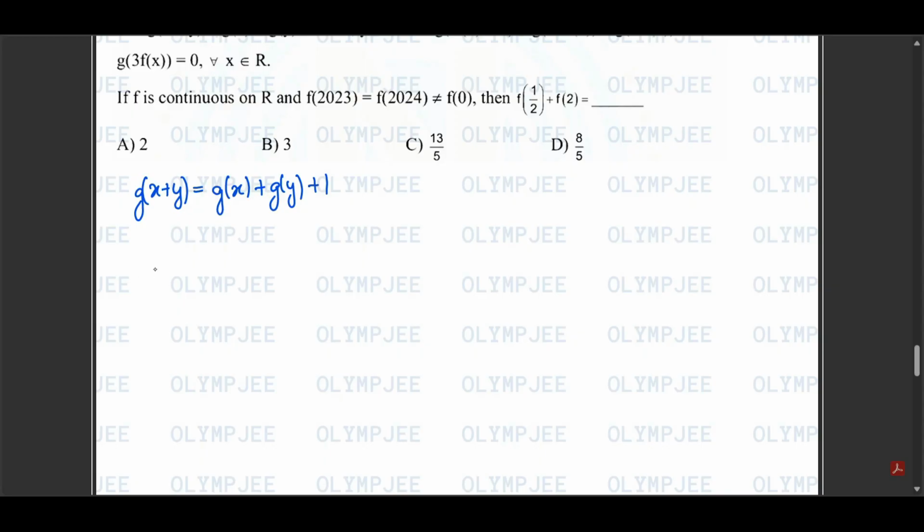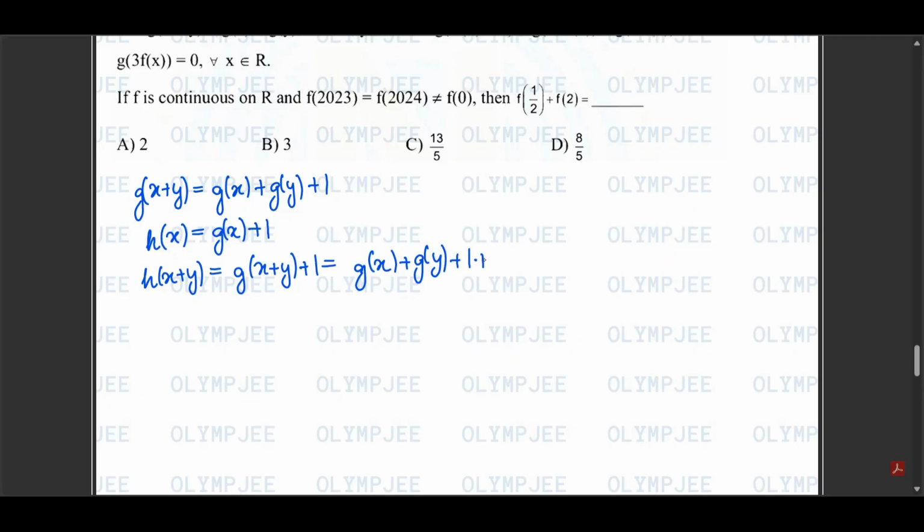So let me introduce another function in terms of G, which is h of x is equal to G of x plus 1. So h of x plus y will be equal to G of x plus y plus 1, which will be equal to G of x plus G of y plus 1 plus 1. So this will be equal to h of x plus h of y, which finally gives us h of x plus y is equal to h of x plus h of y.